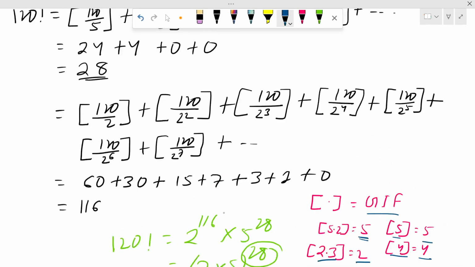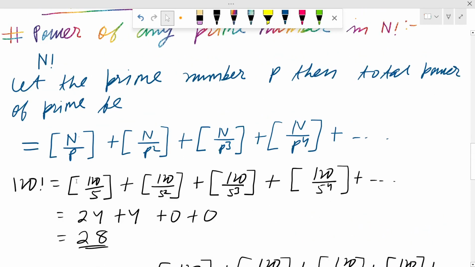So this concept uses the greatest integer. This is the formula. To find the power of 5 in 120 factorial: 120 by 5, 120 by 5 squared, 120 by 5 cubed, and so on.